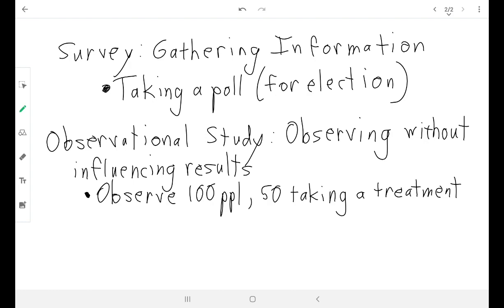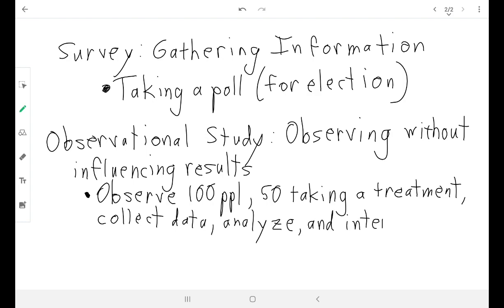So you observe that, and you collect data, analyze that data, and you try and interpret the results. Okay, so that's an observational study.